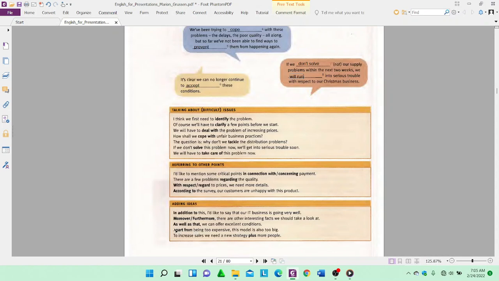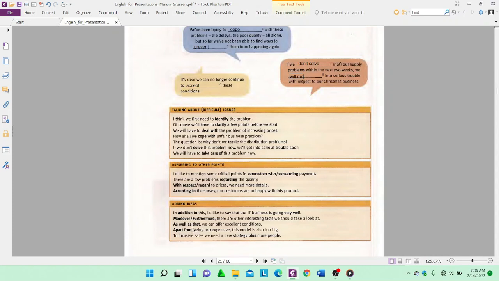Apart from, ya, mungkin bahasa Indonesia terlepas dari, ya, misal kali mungkin ya, terlepas dari being too expensive, terlalu mahal. This model ini juga ya, selain dari, bukan terlepas, selain dari terlalu mahal, this model ini juga terlalu besar. Misal ya, oke?